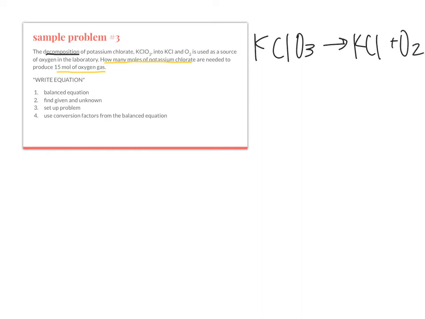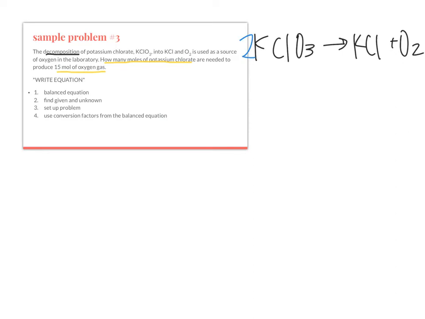But are we done? No, because then we have to balance the equation. So here I have one potassium, one chlorine, but those oxygens are going to throw us off. Again, we have to use the least common denominator.